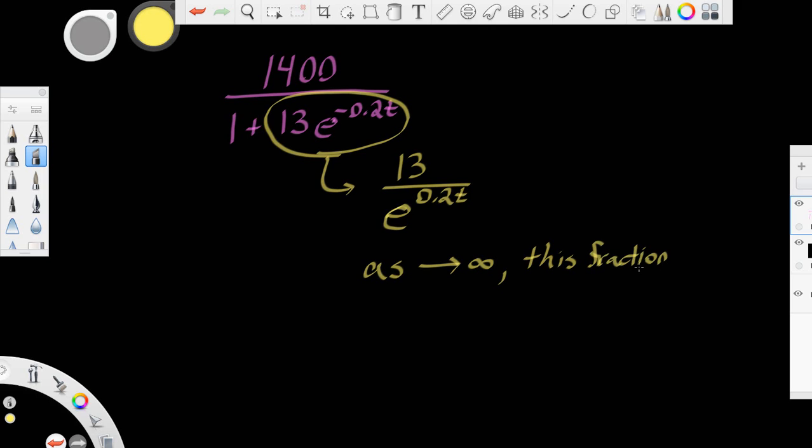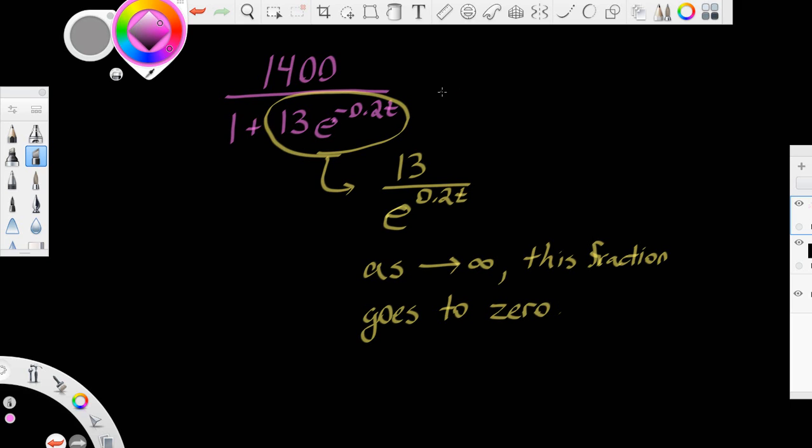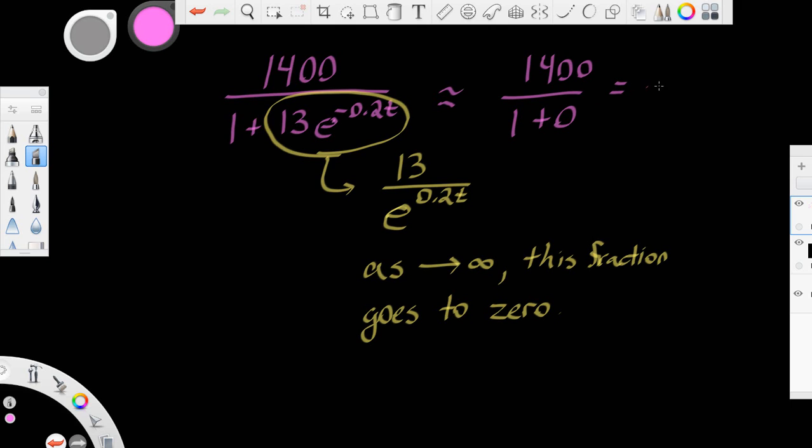The reason is, if you take 13 and keep dividing it by bigger and bigger numbers, it's eventually going to get very, very small, or go towards 0. So, if that fraction goes towards 0, then this is going to turn into 1400 divided by 1 plus just 0, which is how we get 1400.